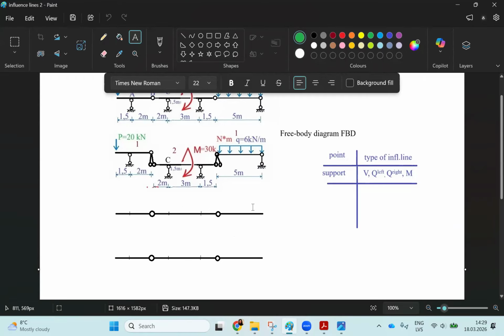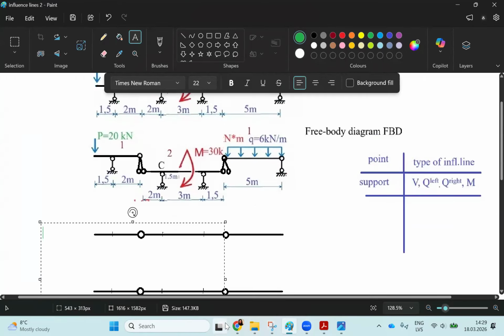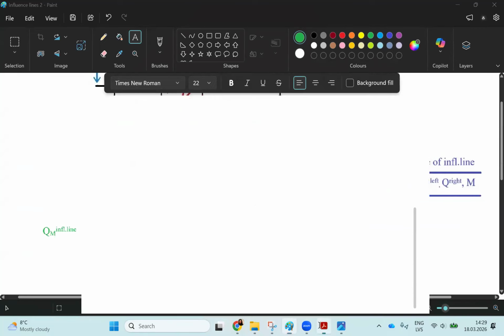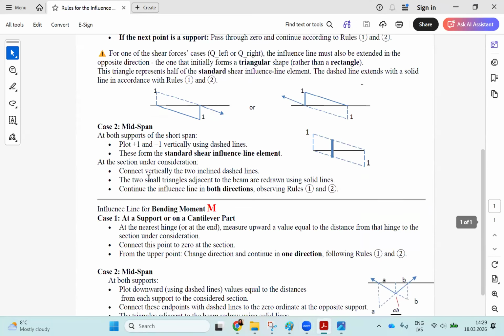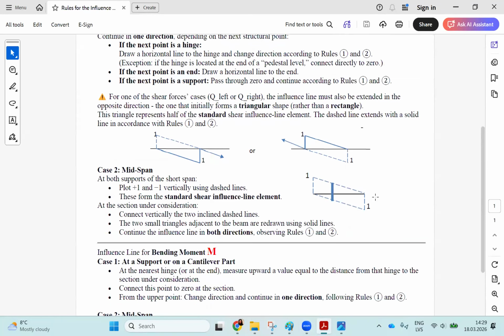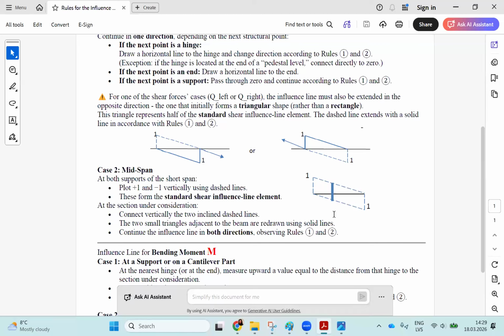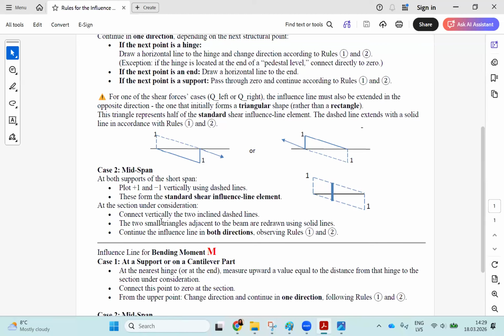Okay, let's draw it for the shear force influence line for the point M. It's in the very middle. That's a case 2 for the shear force and the bending moment rules. Case 2 is a bit easier.